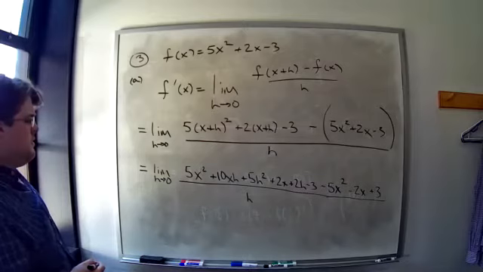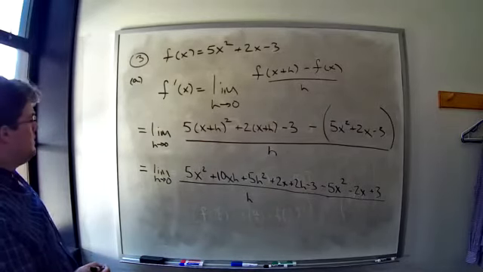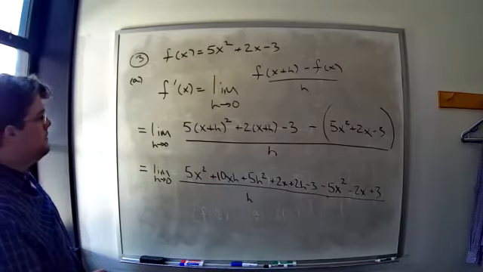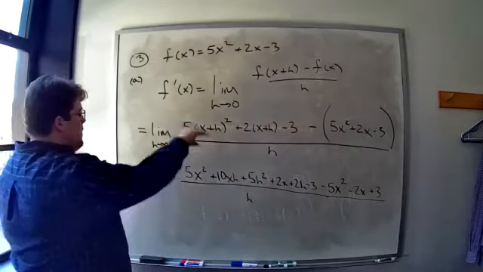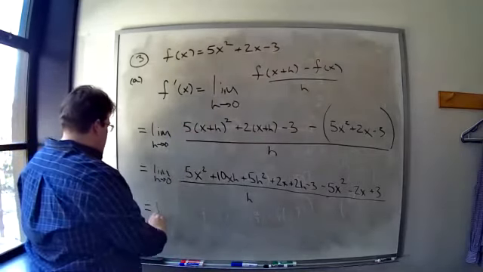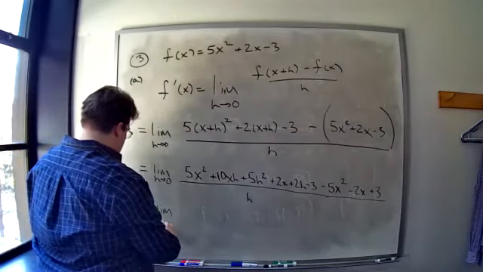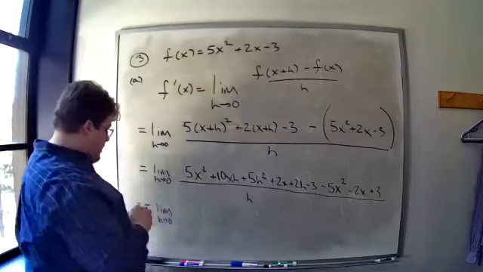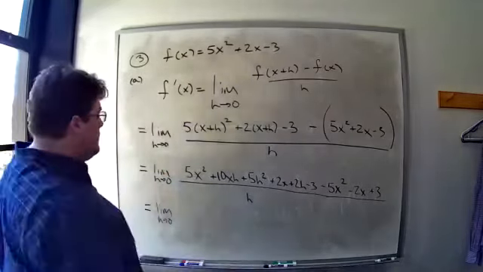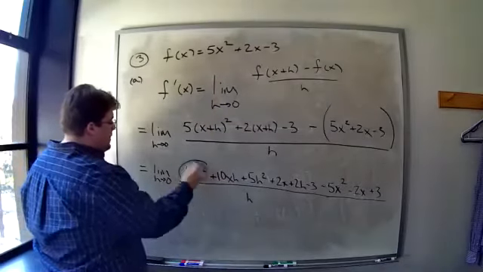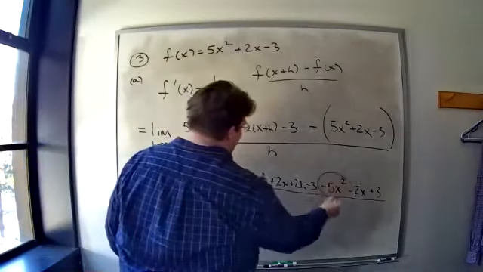Any questions about what we've done so far to simplify this? We just distributed everything, squared that. And now a few things should cancel. What will cancel? Let's see if this other marker works. What cancels? Well, we have a 5x squared and a negative 5x squared.